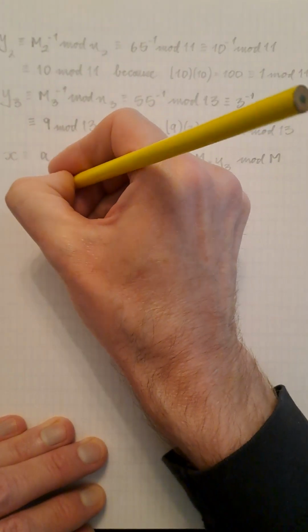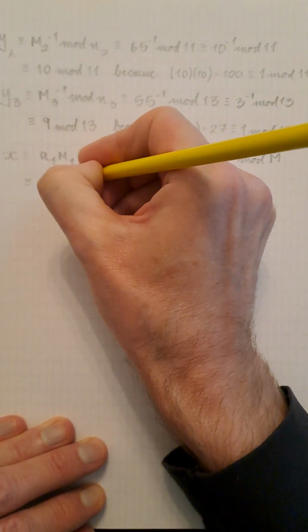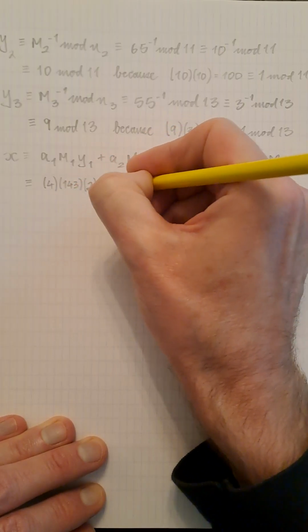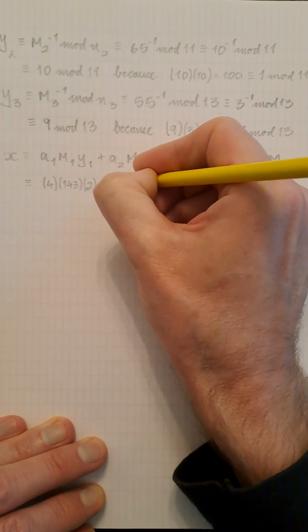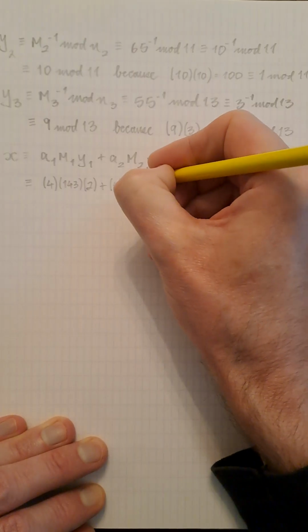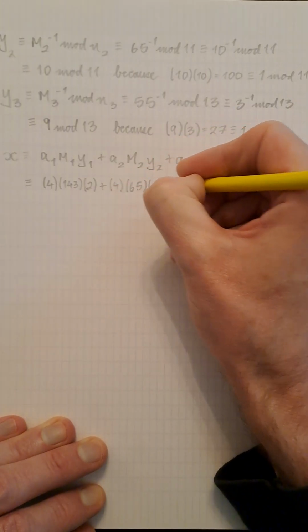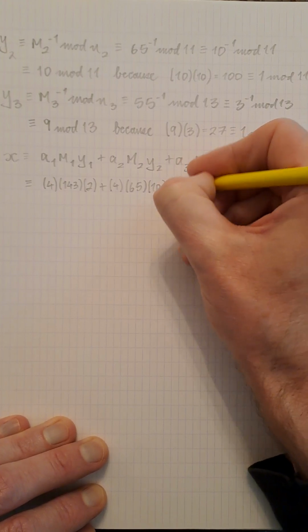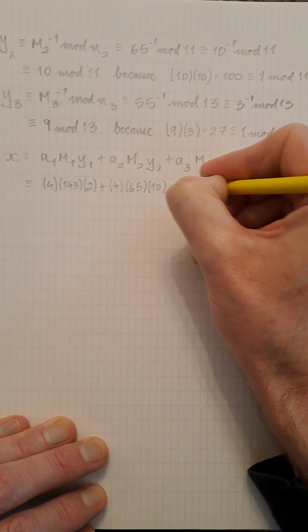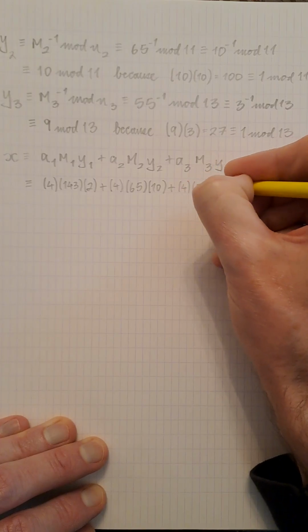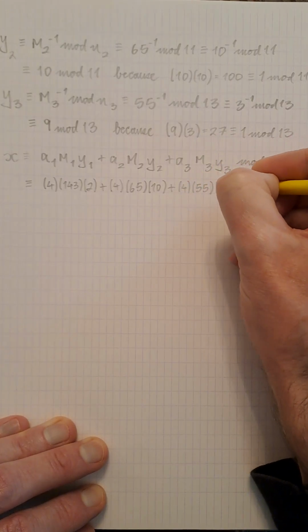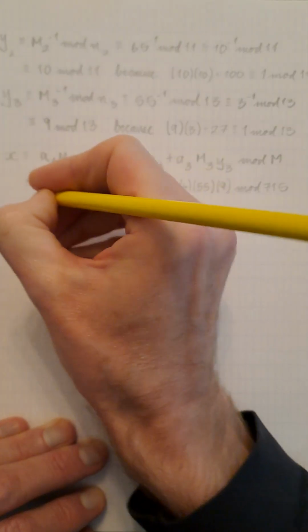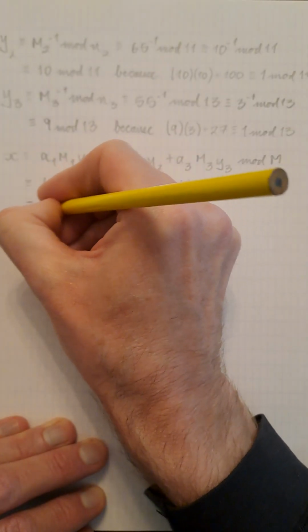M1 we found to be 143, and Y1 we found to be 2. A2 again, that's 4. M2 is 65, and Y2 is 10. A3 was again 4. M3 was 55, and Y3 was 9, and all of that was mod 715.